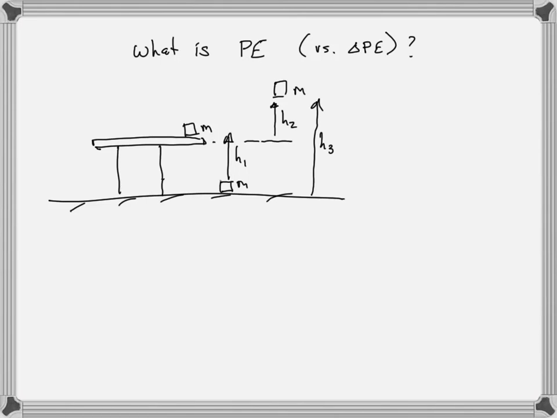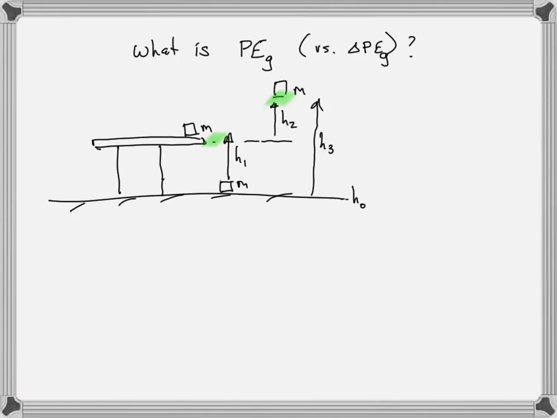Let's also define my position at the ground as h0. At the table, my position is h1. At the highest I lift it, my position is h3. The question I want to ask is, what is the potential energy due to gravity, PE sub G, versus the change in potential energy due to gravity, which is what we've been looking at so far?